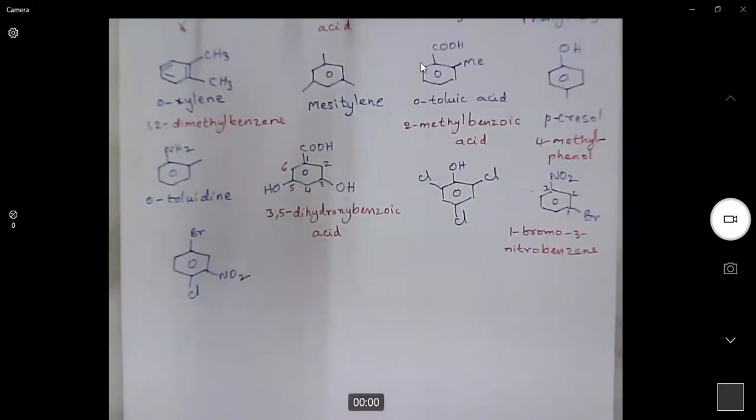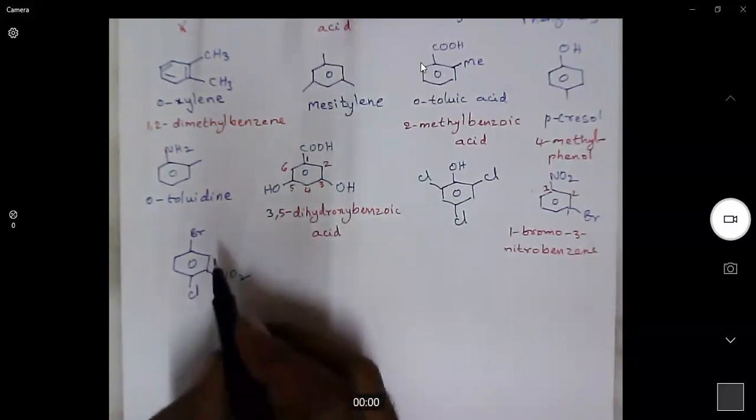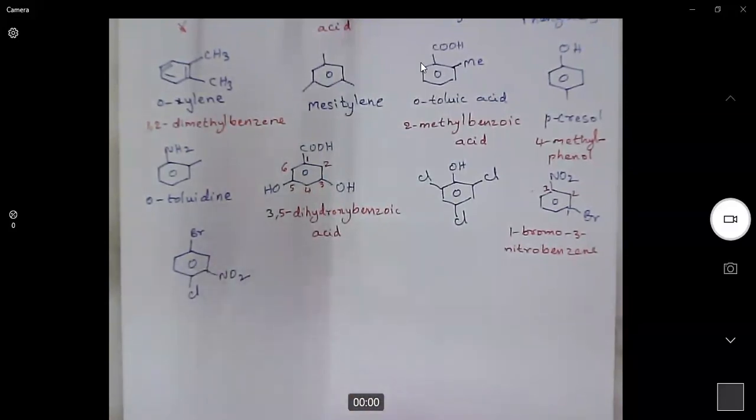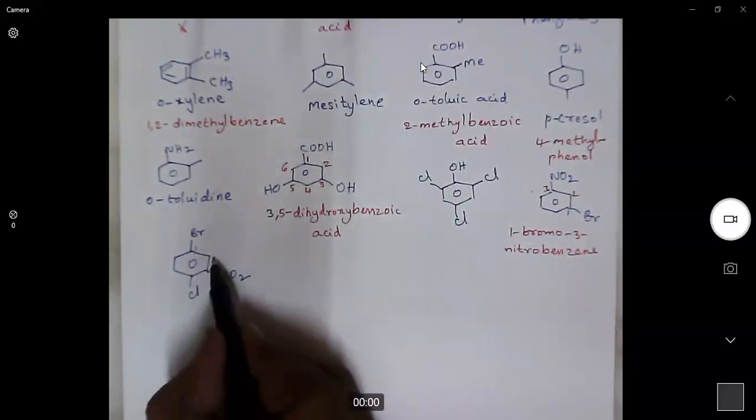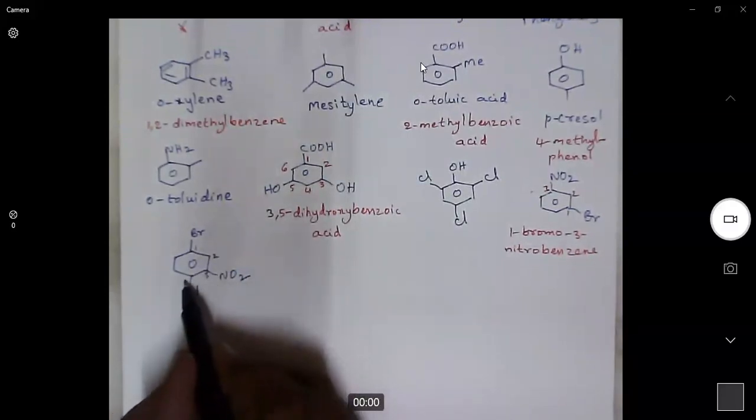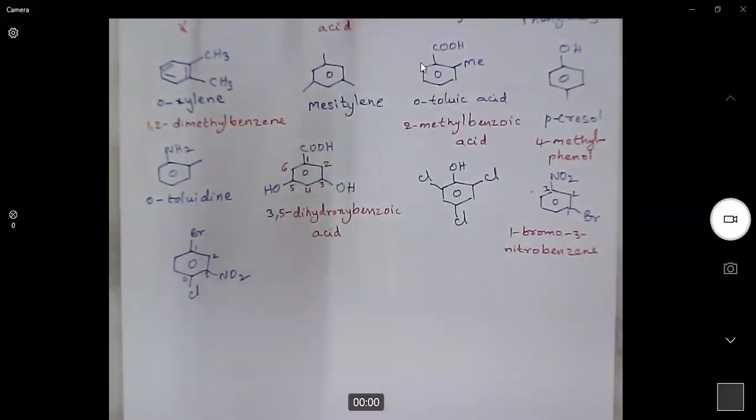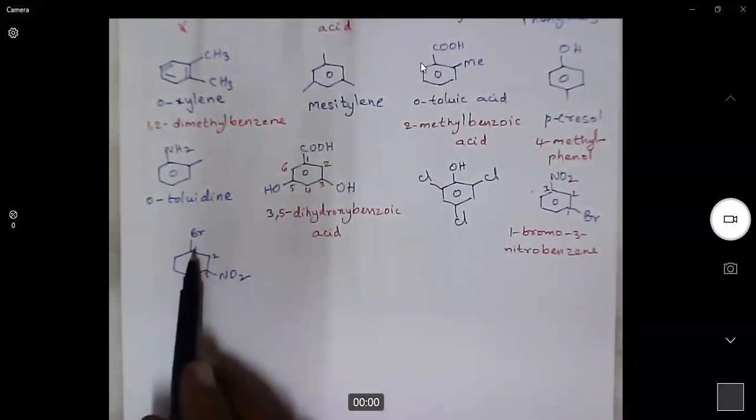See, here we have bromine, chlorine, nitro. When we try to give numbering according to alphabetical order, what will we get? We will get 1, 2, 3, 4. Now, when we take the sum of substituents, 1 plus 3 plus 4, it is 8.